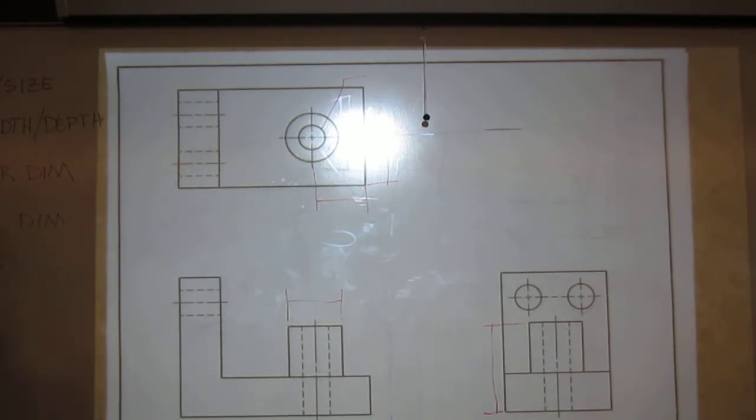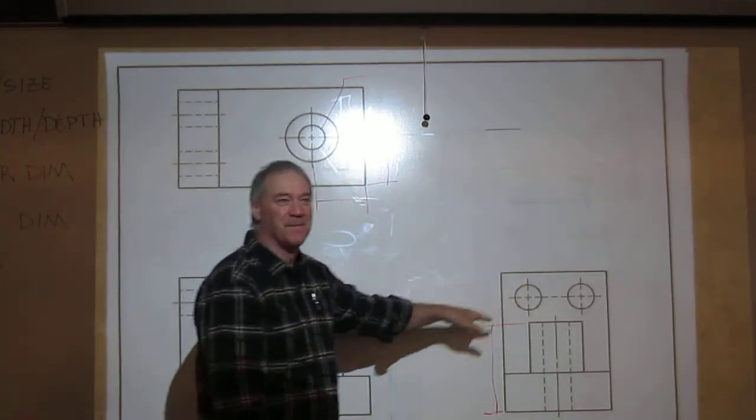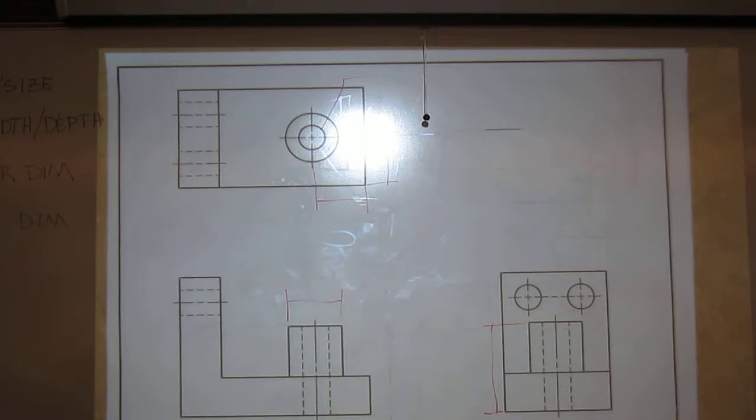Let's stick with cylinders. Declan, how about these two negative cylinders? Can you locate and size height, width, depth?